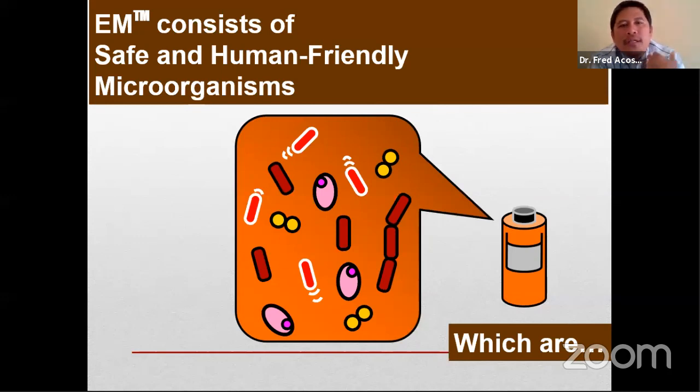Our objective is to introduce these safe and human-friendly microorganisms to overcome the bad or harmful ones. So what are these different microorganisms that were developed or discovered by Professor Higa?